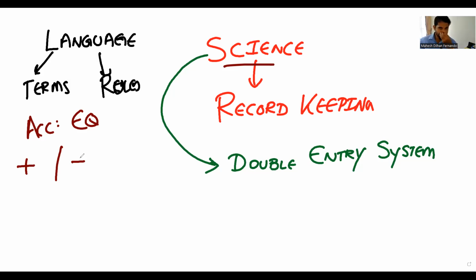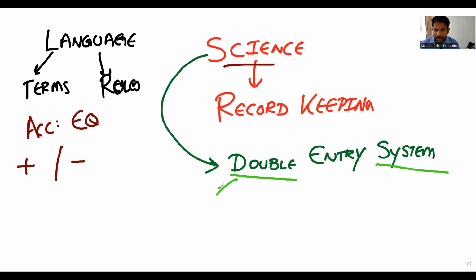Double entry system. First, let me tell you this. As the name implies, when a transaction is recorded scientifically, we have to follow this system. It has to be followed for every single transaction. And this system has a two-way effect, double acting.